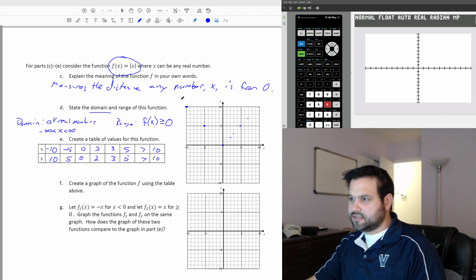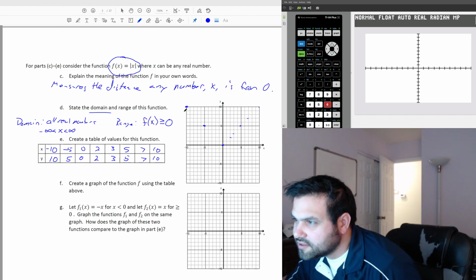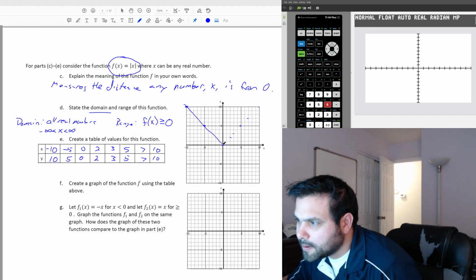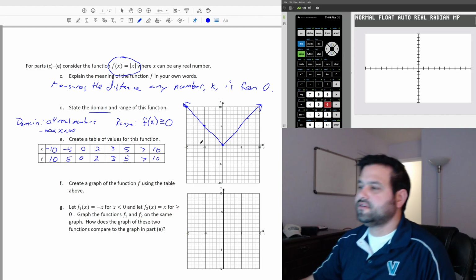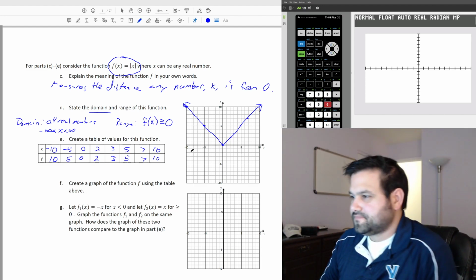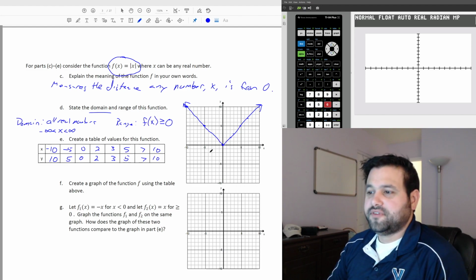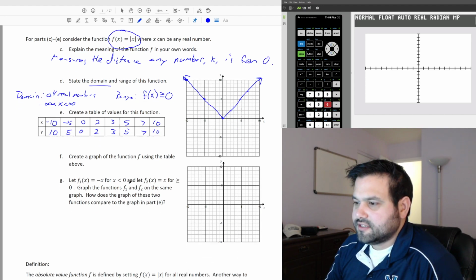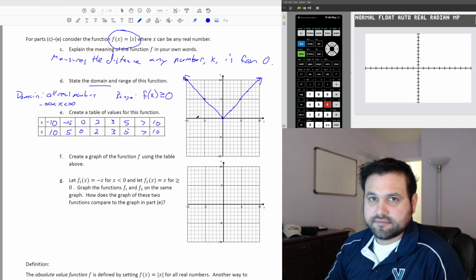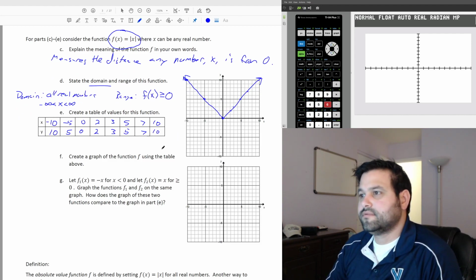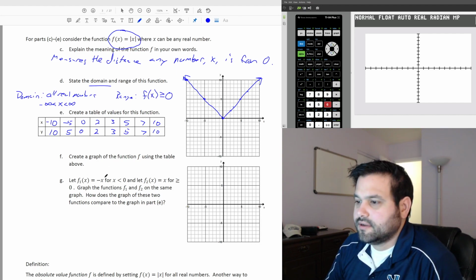And so what we get is sort of this straight line going down here, and then a straight line going up here. And that does continue on forever. Those are supposed to be arrows. And so there's our function, right? So that's our function, the absolute value function. It's the base absolute value function. It's like the standard one, right? Absolute value of just x.